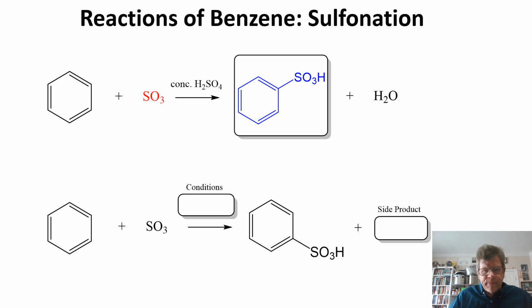Very straightforward. However, if we look at the one down on the bottom now, the what's in the box can indeed be all over the place. Here we have, again, benzene treated with sulfur trioxide, and now we're asked what are the conditions over the arrow? Well, we'll pretend that the answer isn't right here on the one above, and we would say, okay, those conditions for the sulfonation of benzene are indeed concentrated H2SO4.